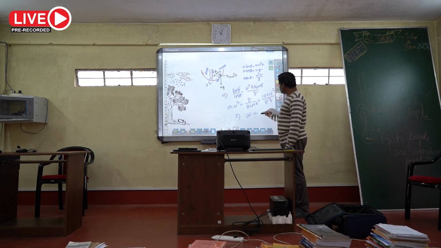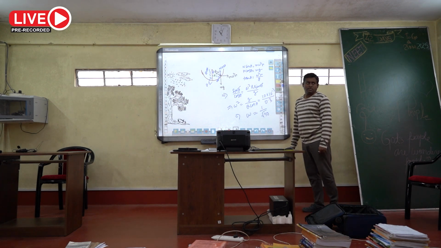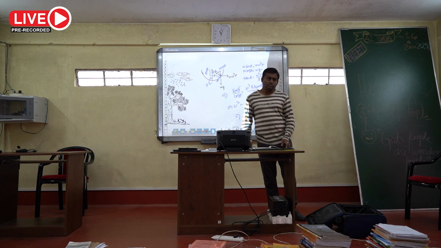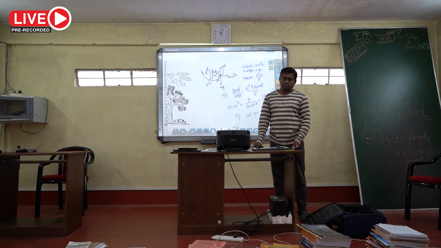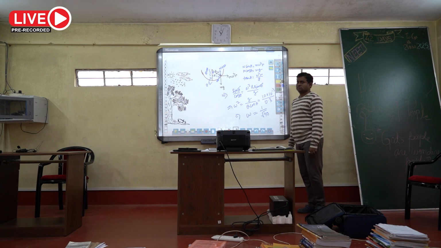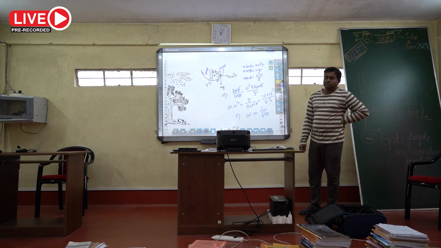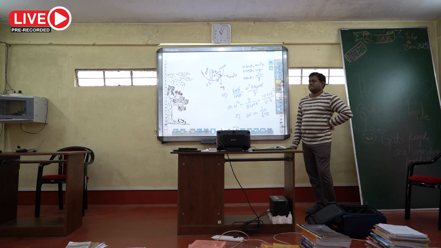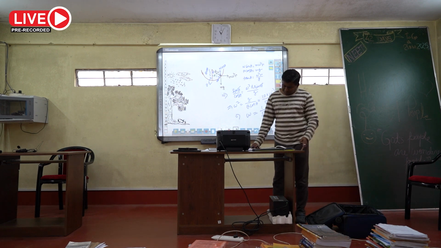It is coming after calculation 1 by root 30. 1 by root 30 radian per second. It is coming. Next one.